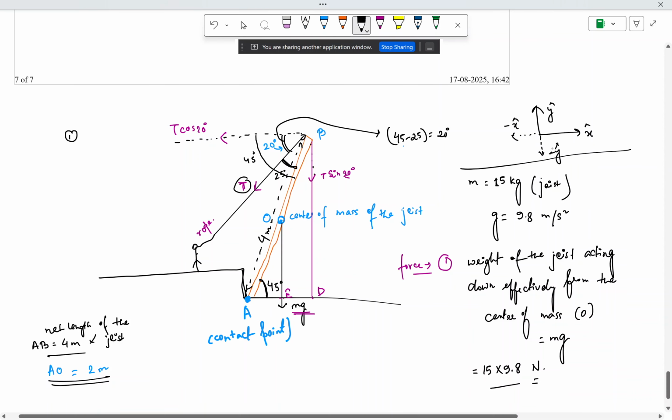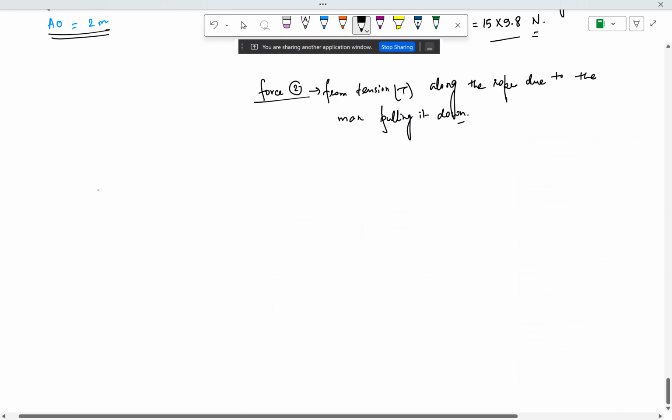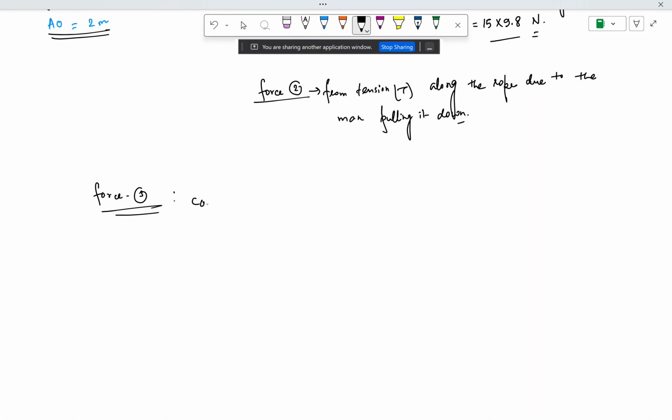So this is clear. Now the third force that can be effective for this problem and also mentioned in the hint is the contact force, right?